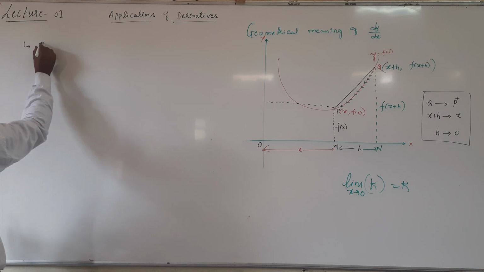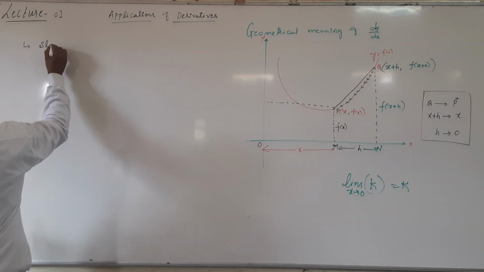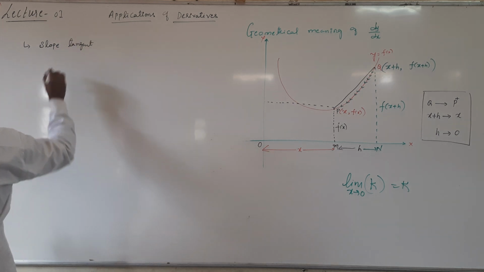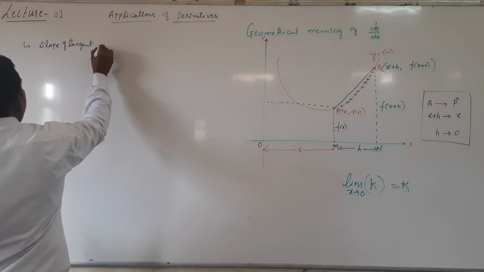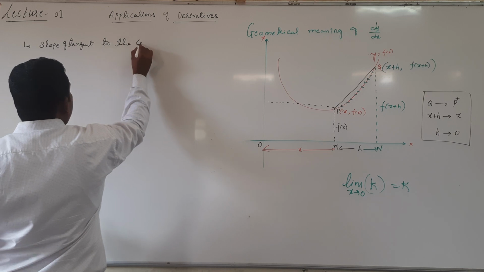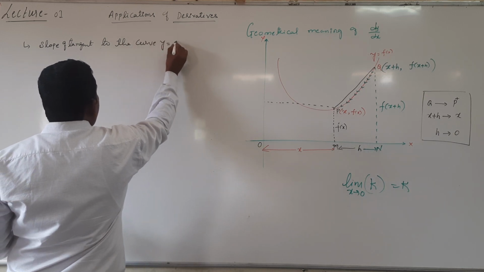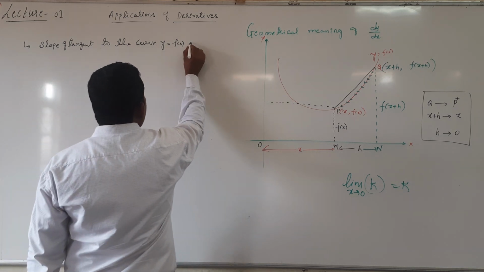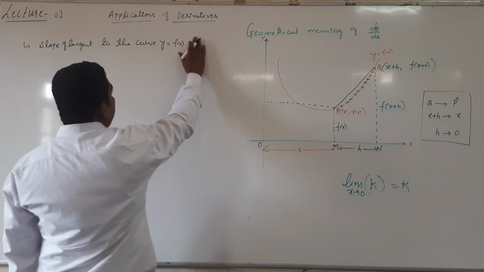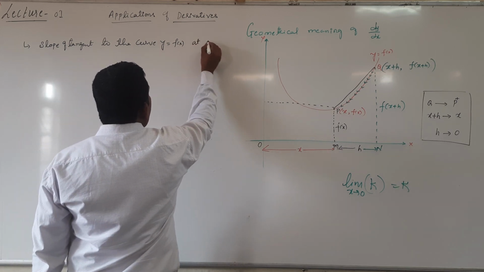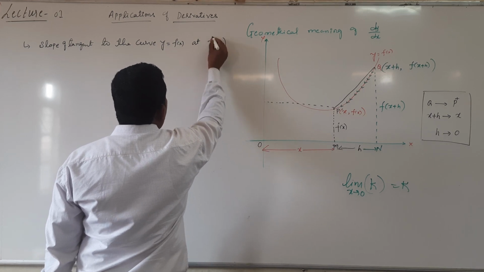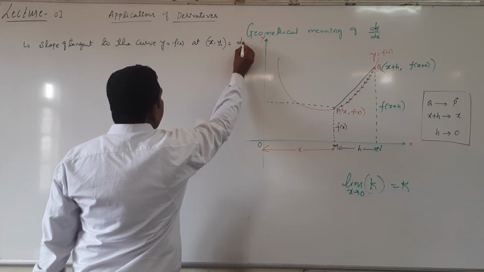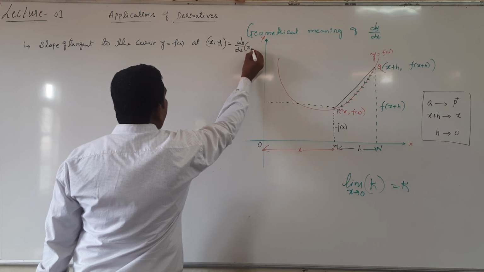First point: slope of the tangent to the curve y equal to f of x at some point x1, y1 is equal to dy by dx at x1, y1.